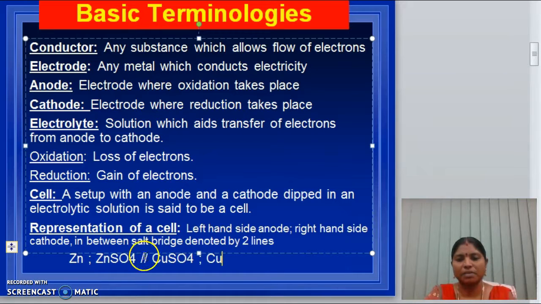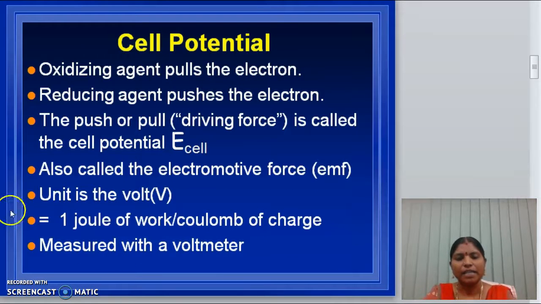Both the half cells are separated by salt bridge. It is denoted by two lines. So at each half cell, an electrode potential is developed. That potential is known as electrode potential.